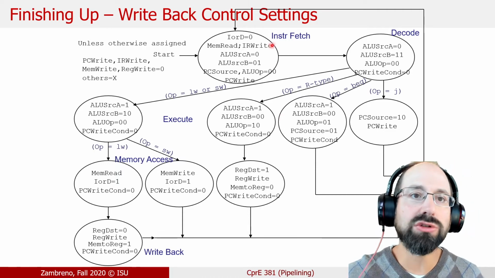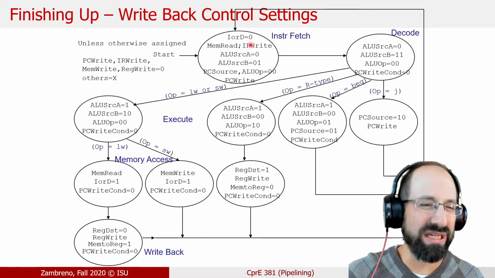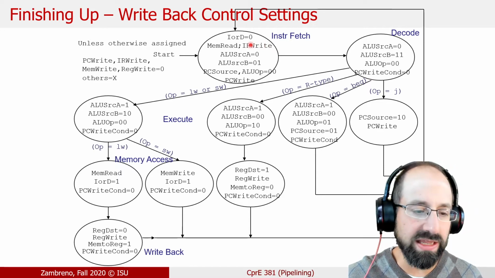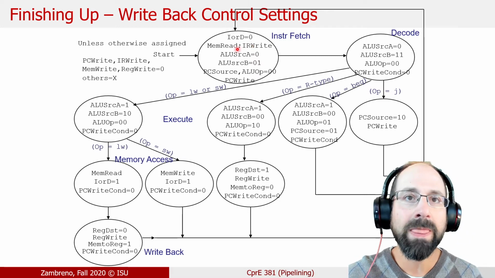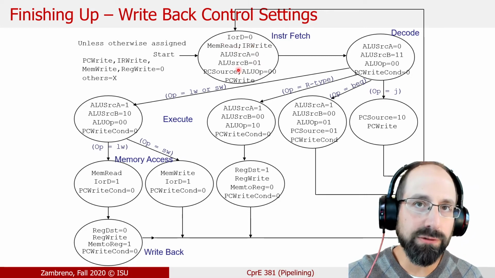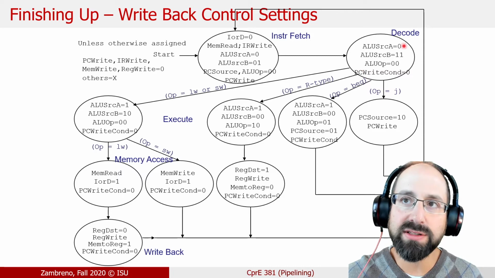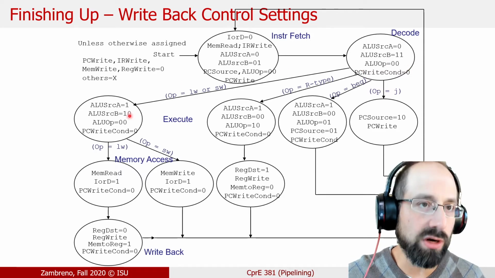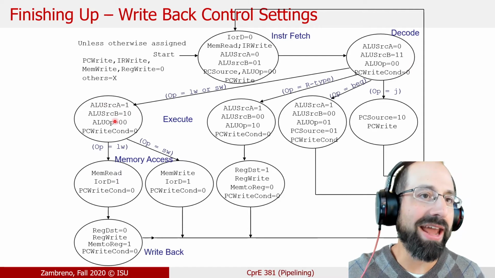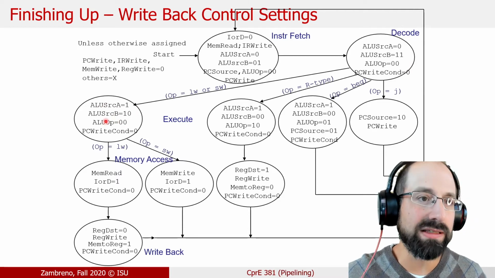You should just be able to trace your way through it, not worrying so much about the individual control signals. We're not going to be implementing a multi-cycle processor in the lab, but we start with our signals for the fetch, and then we have our signals for the decode. And then if it was, for instance, a load word instruction, we'd be doing our add operation here, just like you do for the single cycle processor.